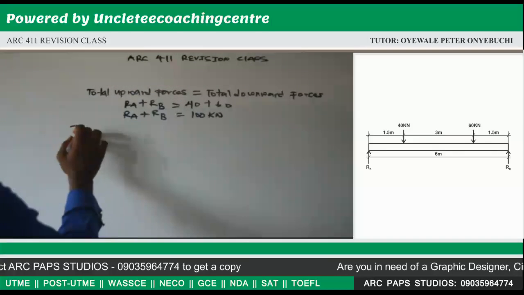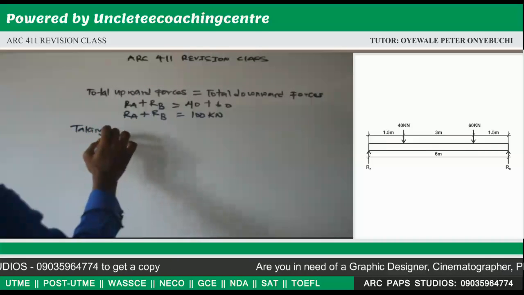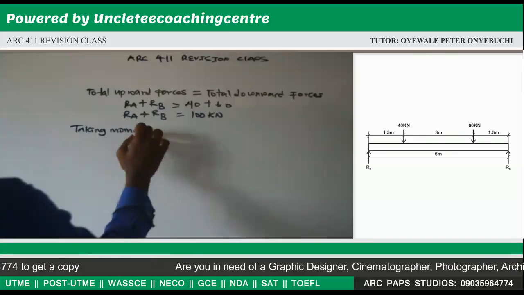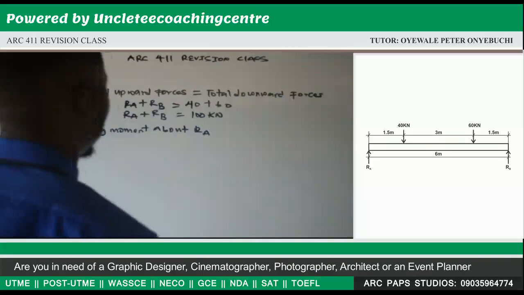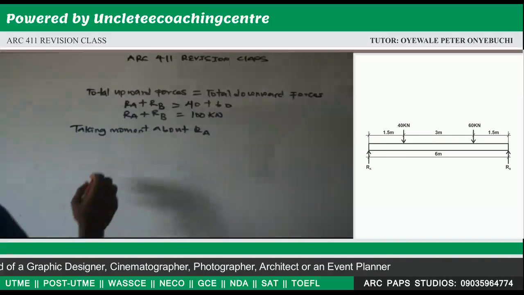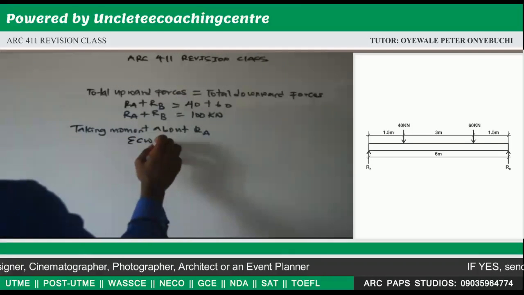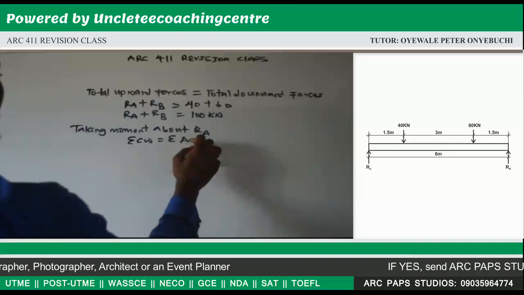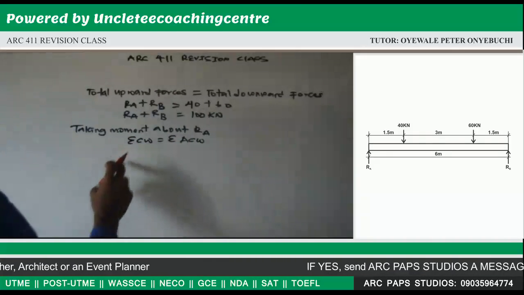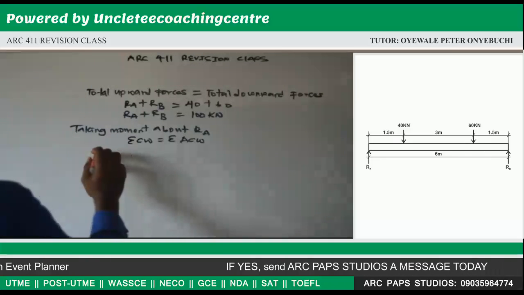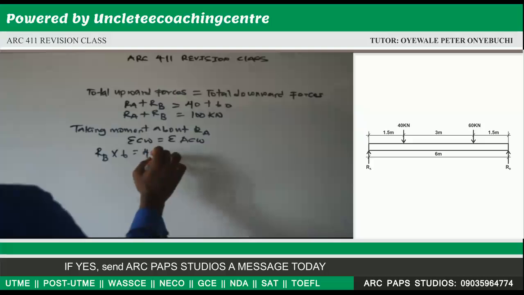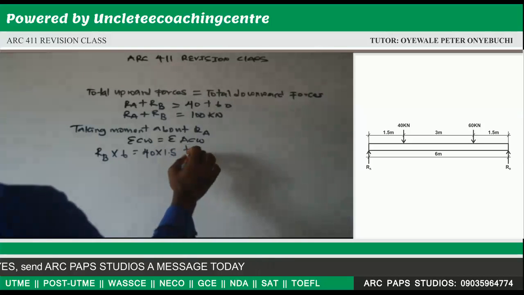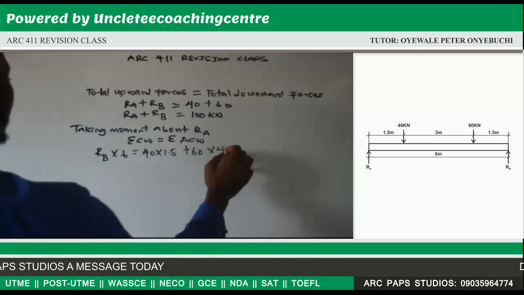Now, if we take our moment about RA, summation clockwise is equal to summation anti-clockwise. Our summation clockwise will give us RB times 6 is equal to 40 times 1.5 plus 60 times 4.5.